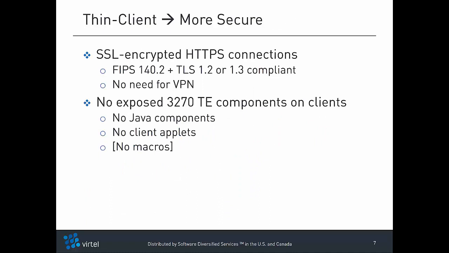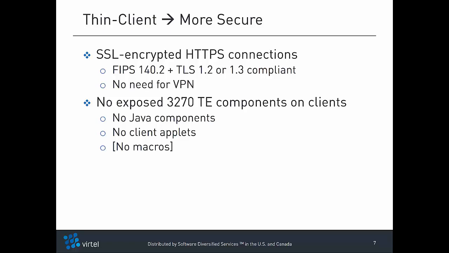Another key benefit of the thin client architecture is that it relies on SSL encrypted HTTPS connections, typically compliant with the latest FIPS and TLS levels. Today, FIPS 142 and TLS 1.2 or soon 1.3. With an SSL encrypted HTTPS connection, you don't need a VPN. You can have one if you want, but the VPN will essentially encrypt data that is already encrypted, which is redundant.